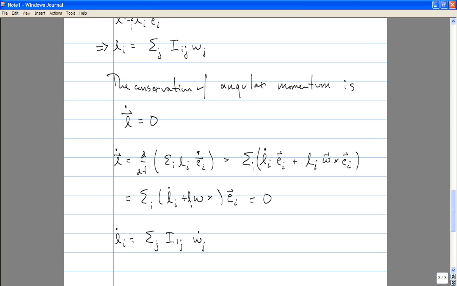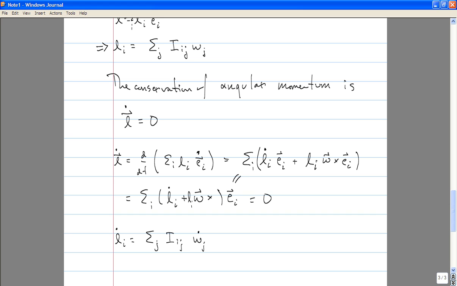So there's no dot product anywhere in this expression. This is a vector expression, which is the same as this expression. All I've done is pull out an overall bracket. Is that clear? Any questions so far?